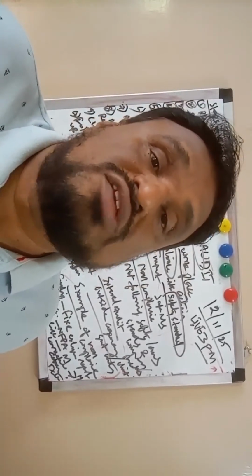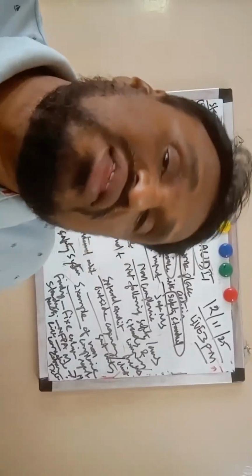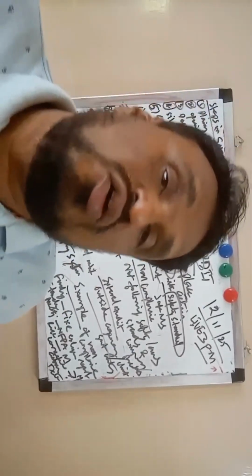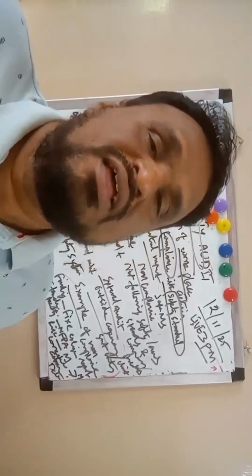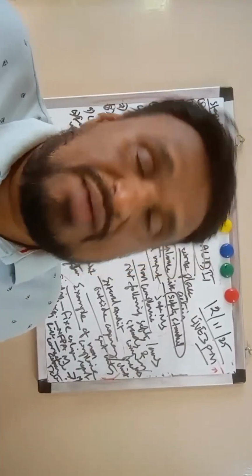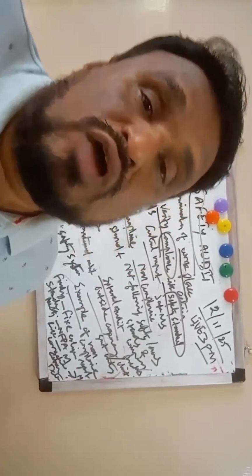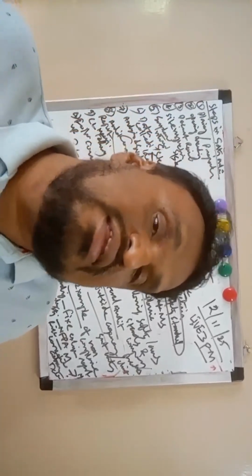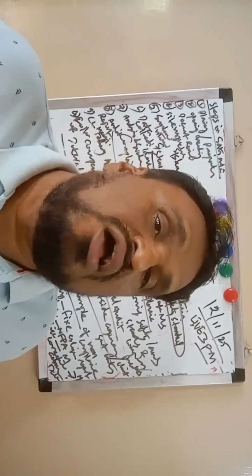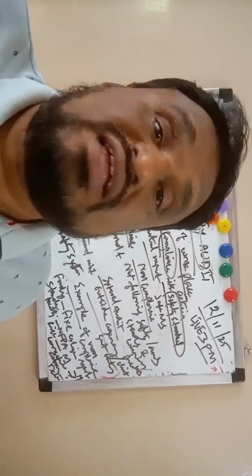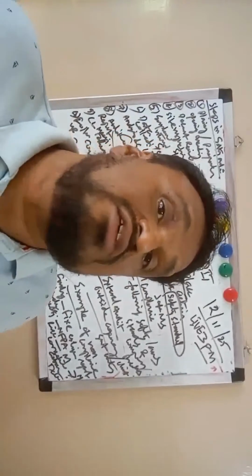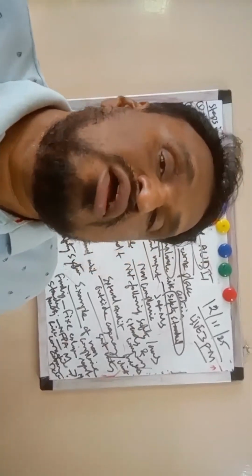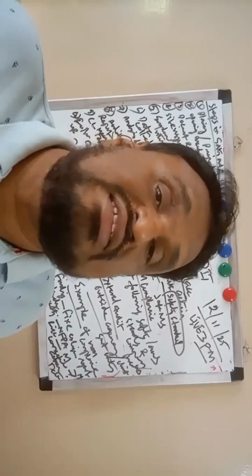You have to meet some legal compliances. What are the legal compliances you have? You have national safety rules and regulations. You have international safety rules and regulations. You have OSHA standards, international OSHA safety standards, and ISO 45001, the occupational health and safety management system standard.